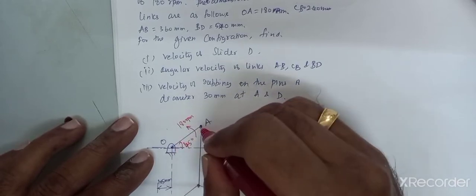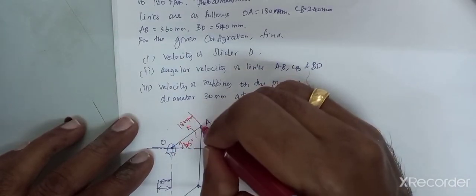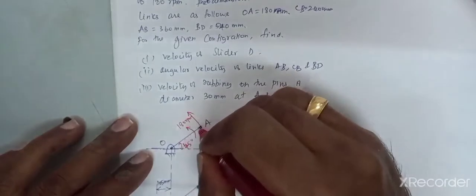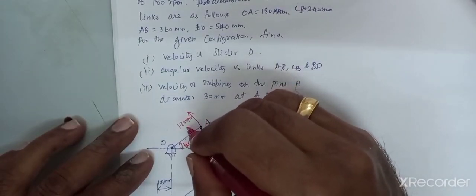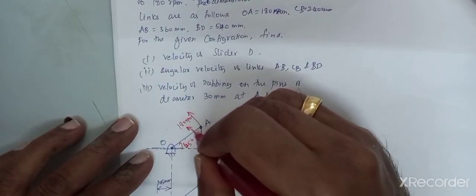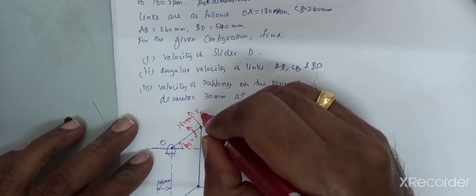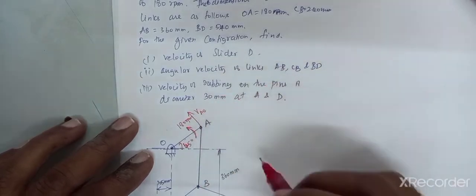This crank will have a velocity perpendicular to this link in this direction. Since it is rotating in anti-clockwise direction, this will be our velocity of AO.